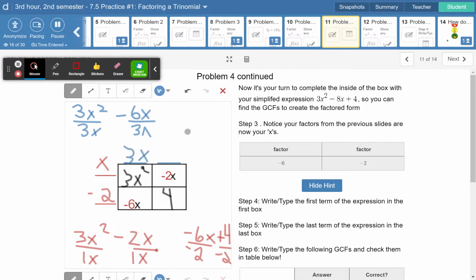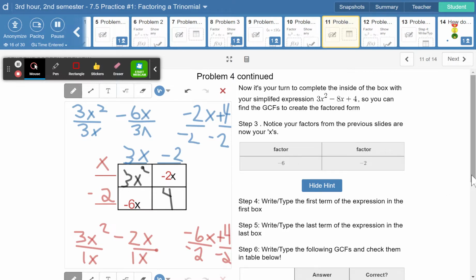But now for this one, we have a negative 2x as our first term and a positive 4. So then no matter what, I have to take out a negative. And I have to take out that negative 2 because that is our greatest common factor.